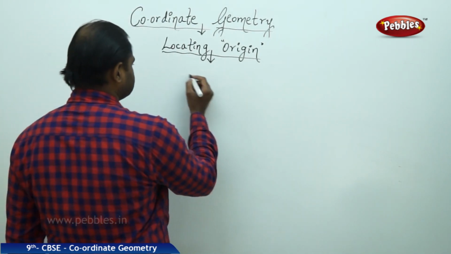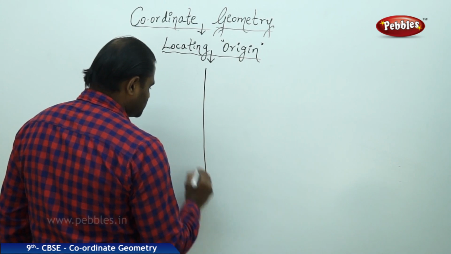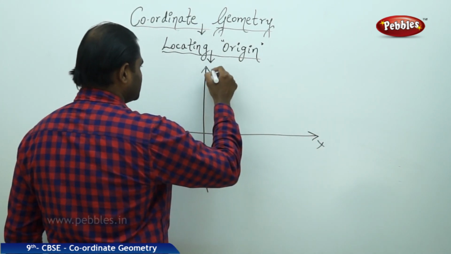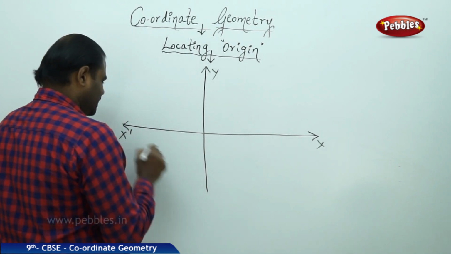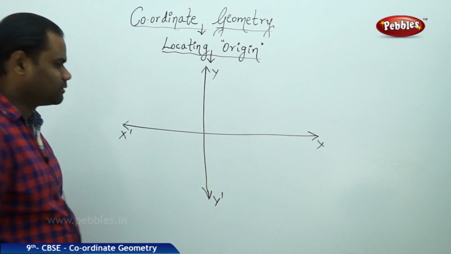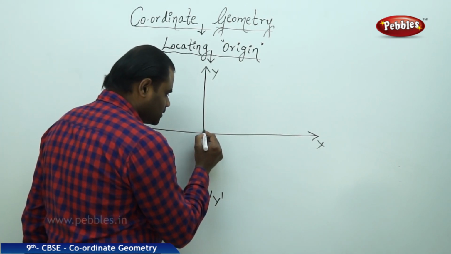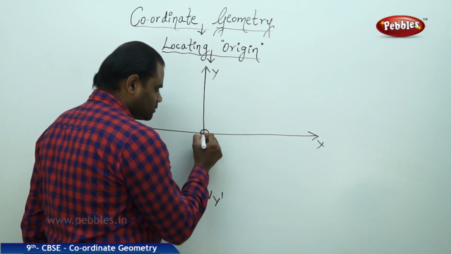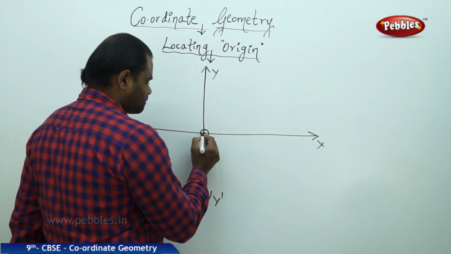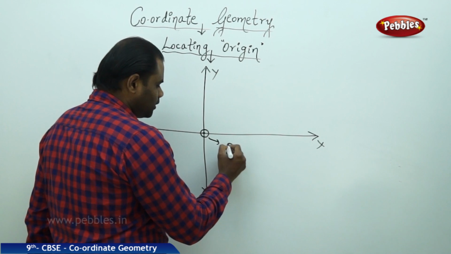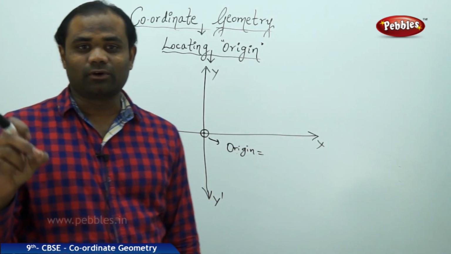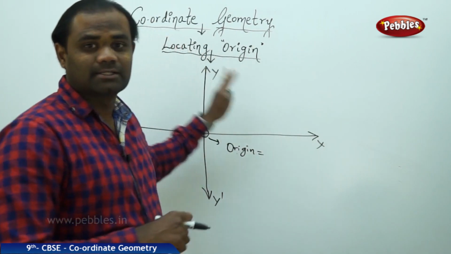As we know, origin is the point of intersection of the horizontal and the vertical axis. I have these axes as xx dash and yy dash, which intersect at this point, and this is the point which refers to the origin, denoted by O. Generally, the coordinates for the origin are equally important because this point also lies in the Cartesian system.